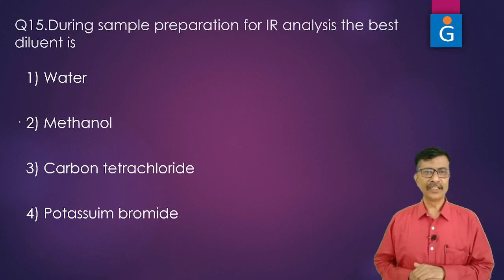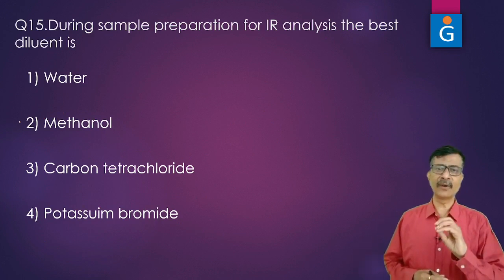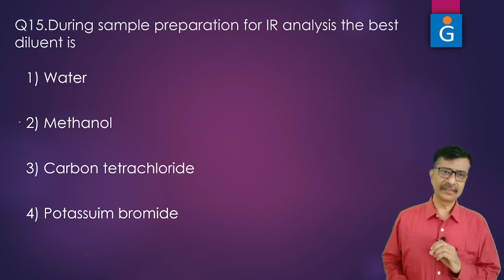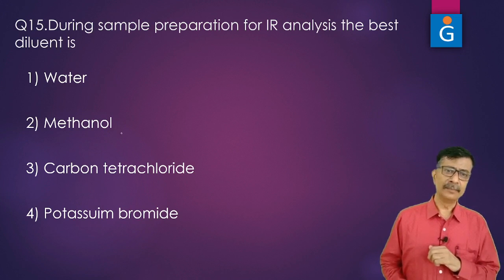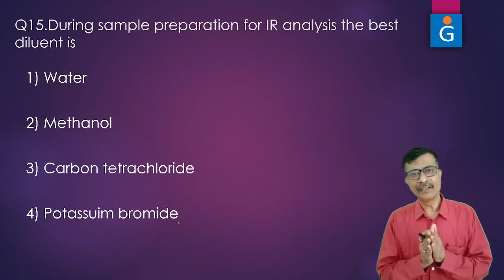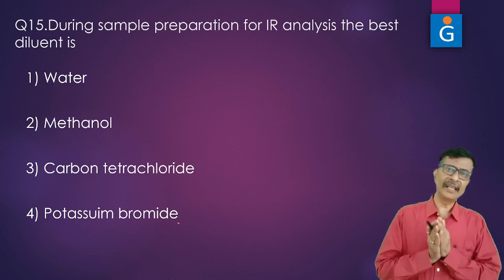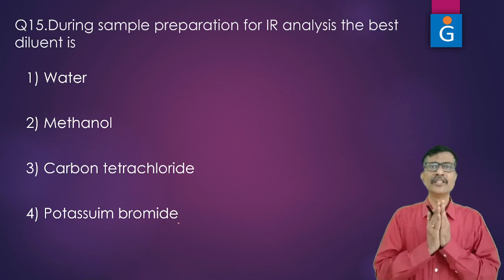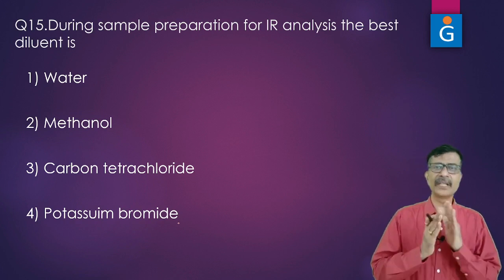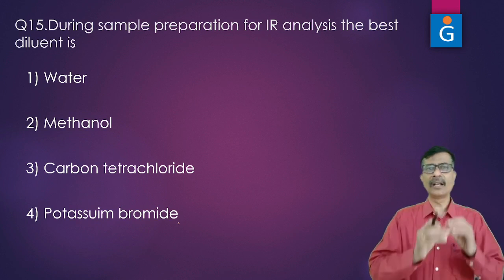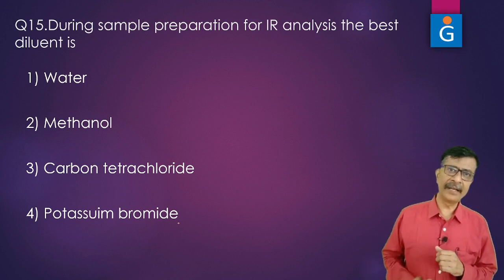Then the next one: during sample preparation for IR analysis, the best diluent is water, methanol, carbon tetrachloride or potassium bromide. Again, the criterion for selection of solvent in any spectroscopic analysis is that the solvent should be transparent to the particular radiation, or should not absorb that particular radiation.